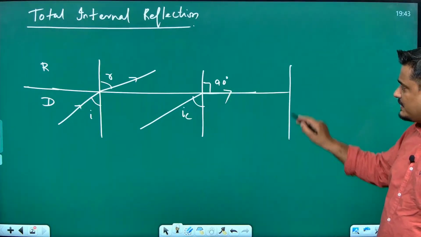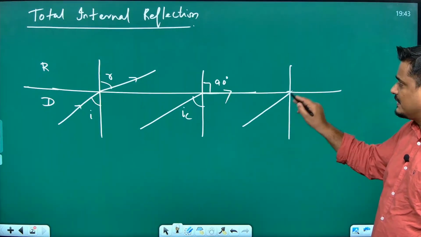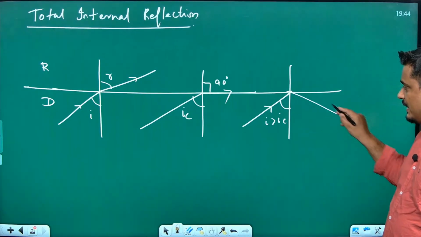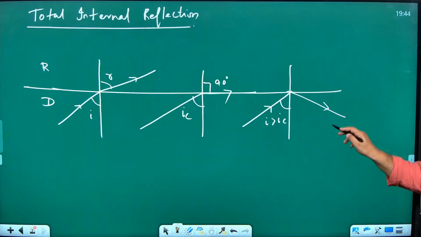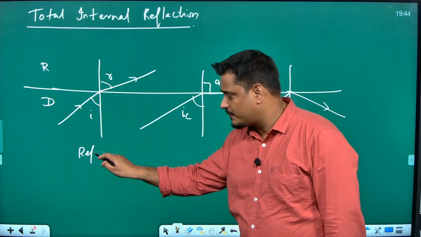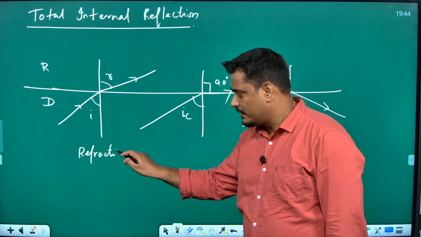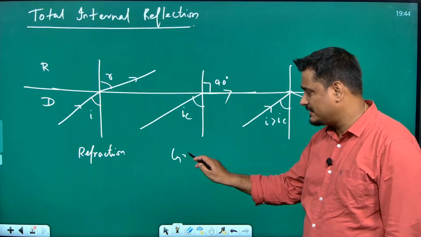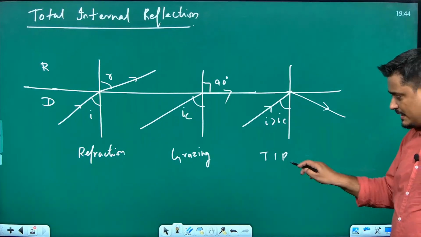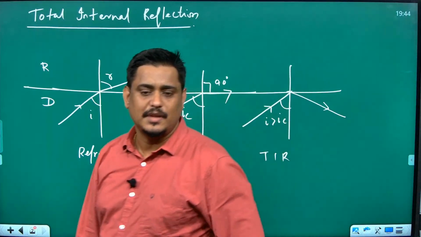And third case, when the angle of incidence is more than the critical angle, then the light undergoes TIR. So this is normal refraction, this is grazing, and this is TIR. Are you getting my point?